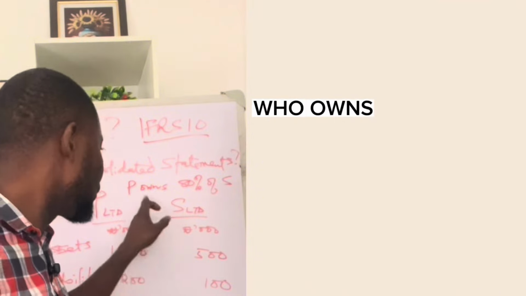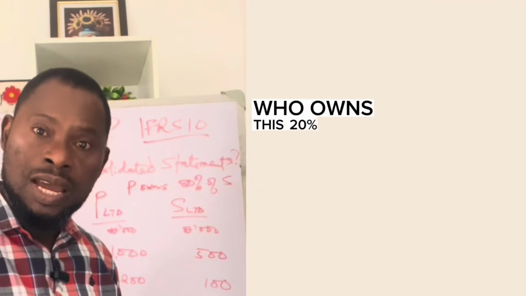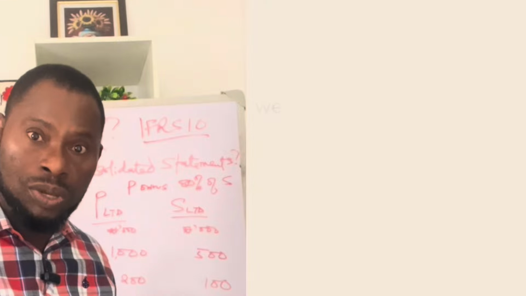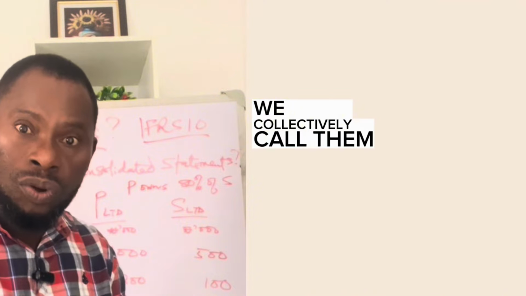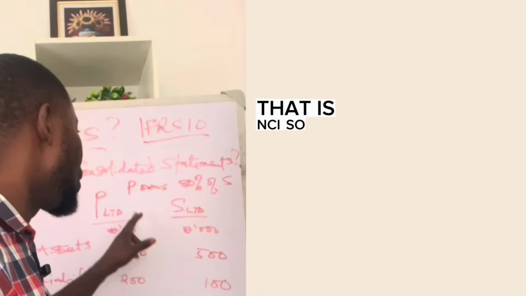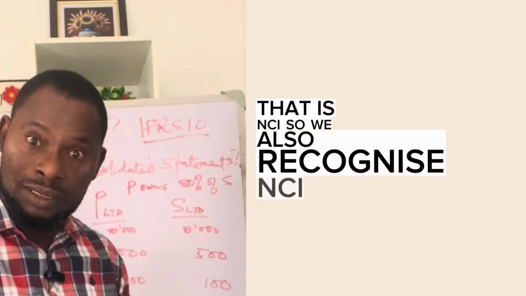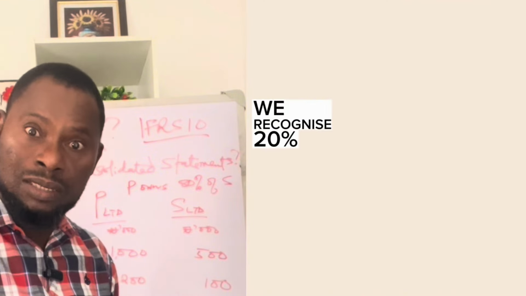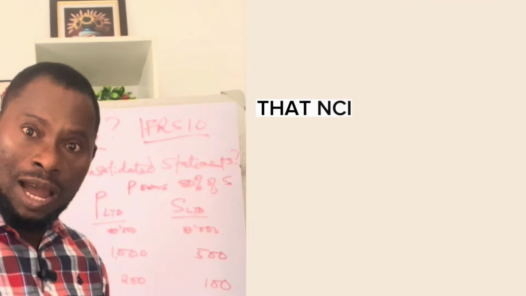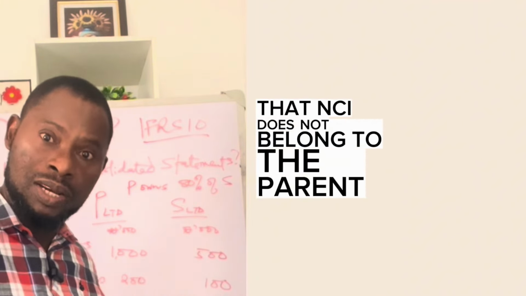Who owns this 20%? Irrespective of the number, whether there are 1,000 different shareholders, we collectively call them non-controlling interest. That is NCI. So we also recognize NCI. We recognize 20% of non-controlling interest to show that that NCI does not belong to the parent company.